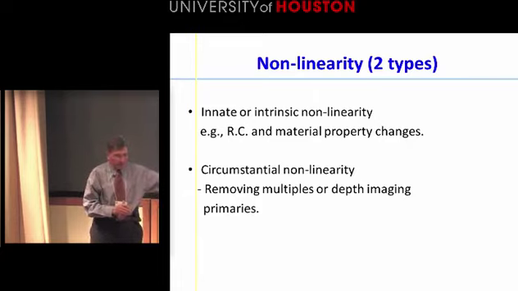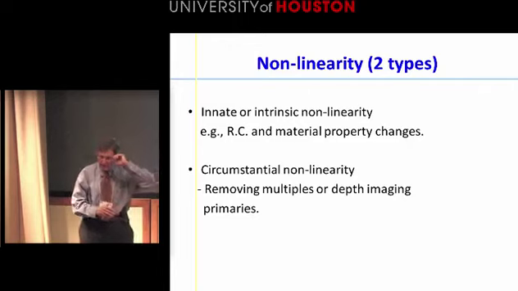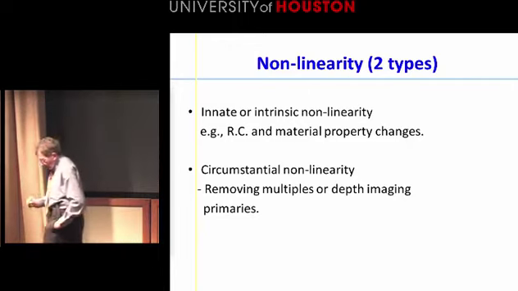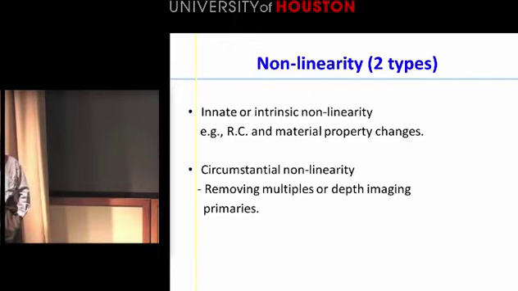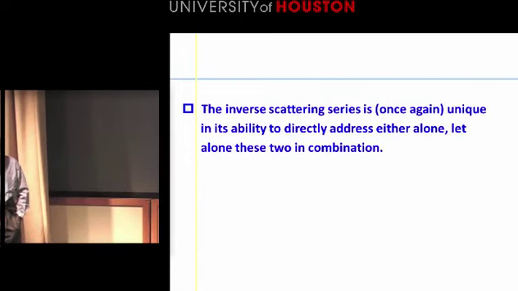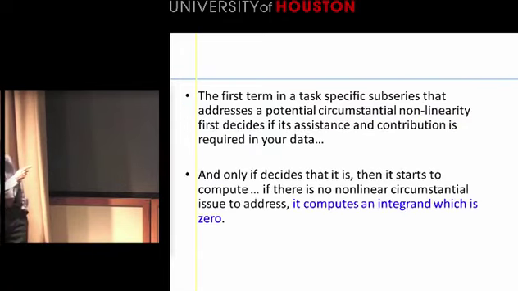And if it says you are fine, the whole set of activity shuts down without you needing to get involved. So we'll give you some understanding of that. There you go. It computes an integram, which is 0, if it decides that its purpose is not called for.